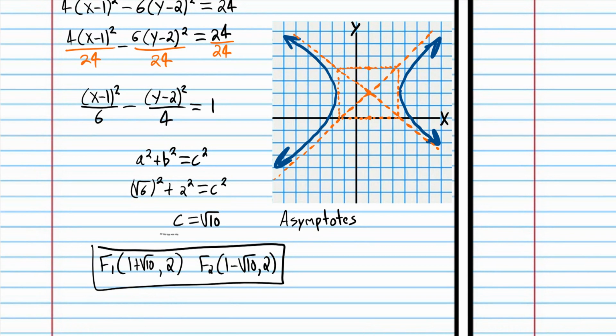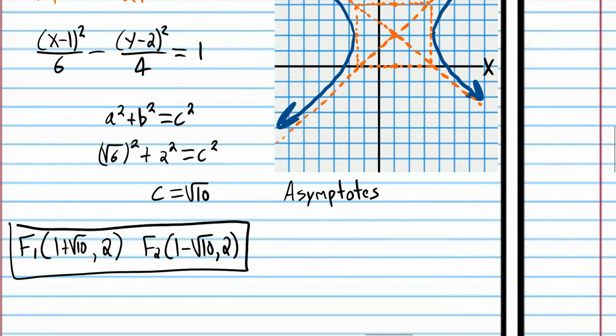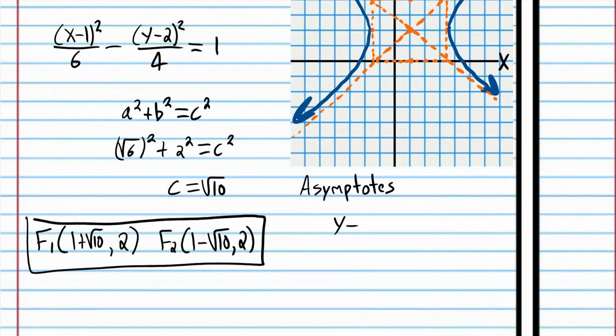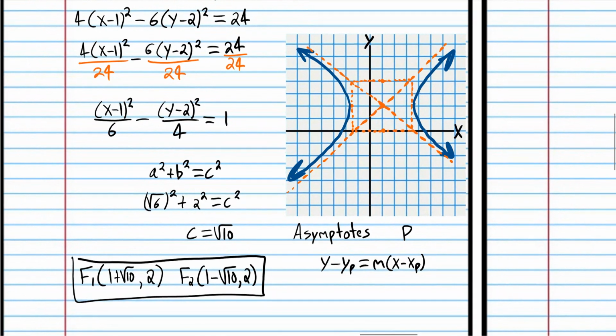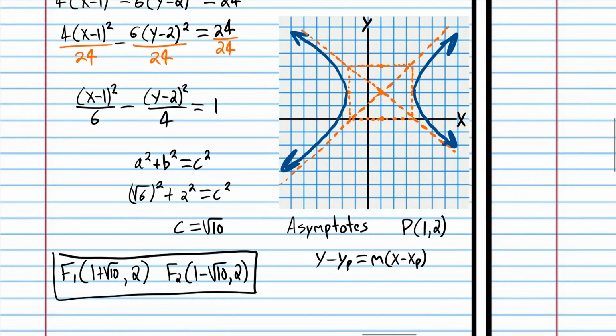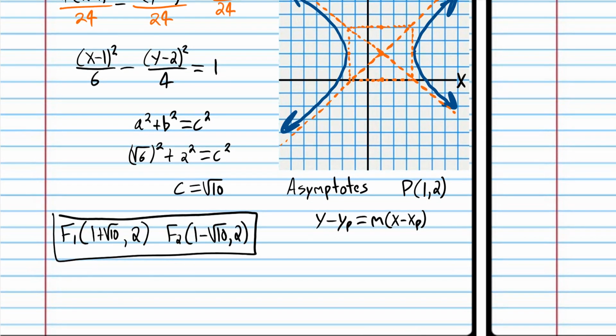Okay, so now we're going to find the equations of the asymptotes. So we're going to use point slope form. Our point is going to be the center because the center is on both lines. So we're going to have y minus 2 is equal to the slope times x minus 1.